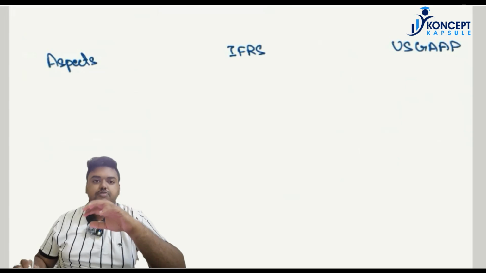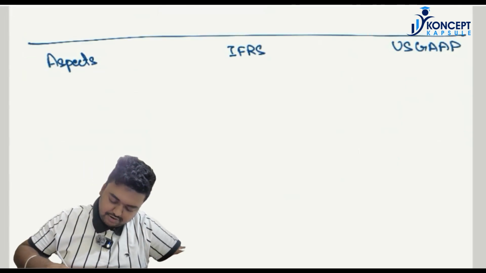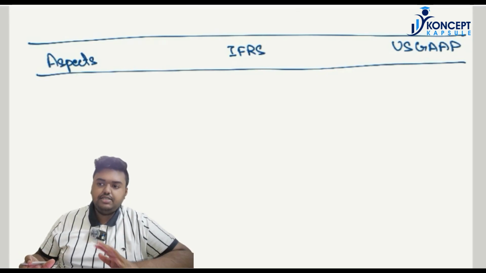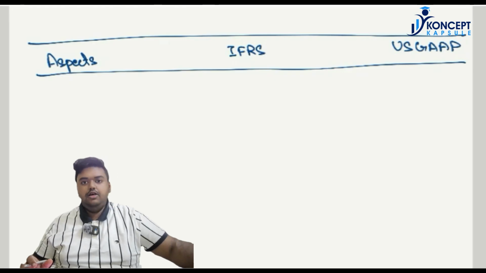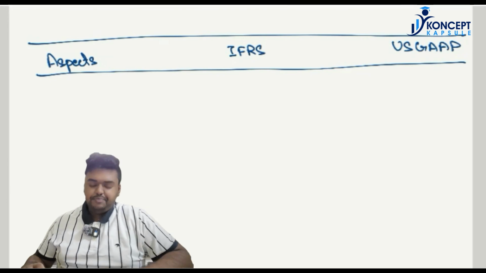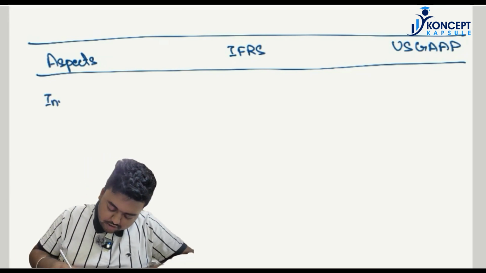First we will see the aspects on the basis of which we are discussing inventory measurement, and what the application is in IFRS and in US GAAP. The first aspect is initial recognition.